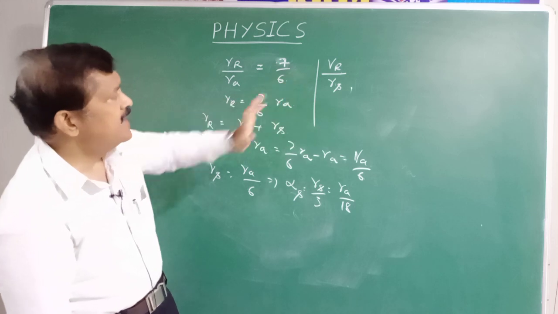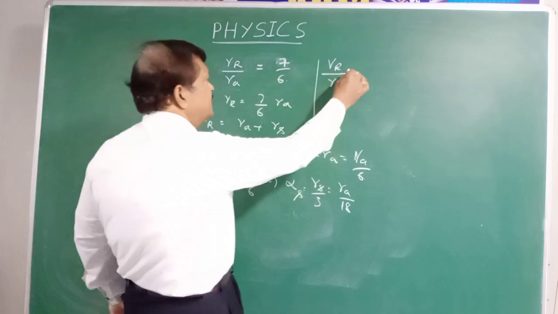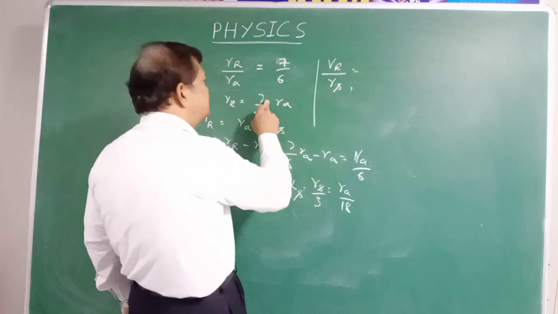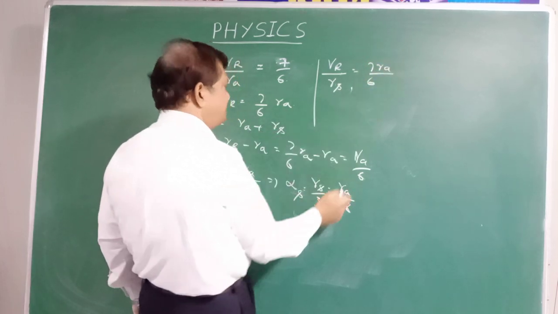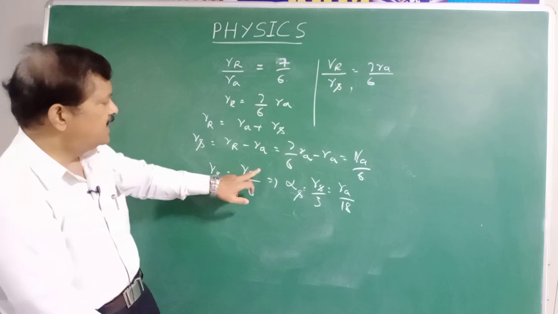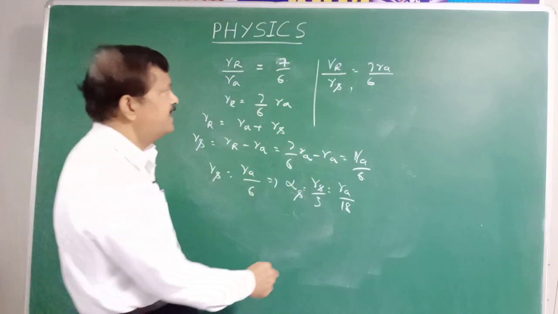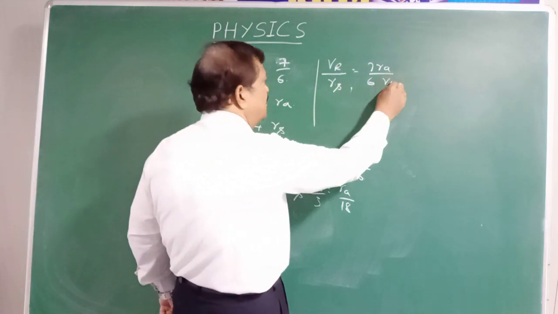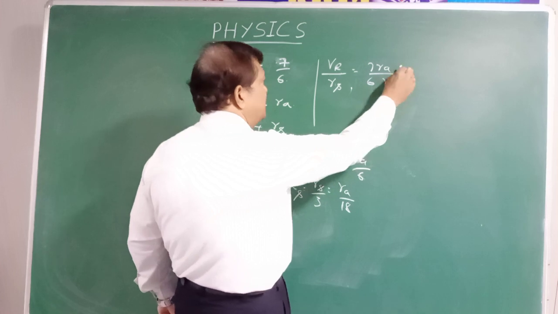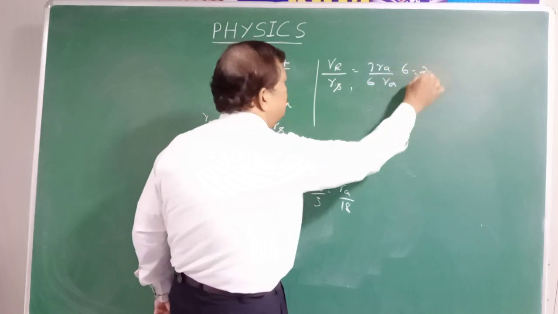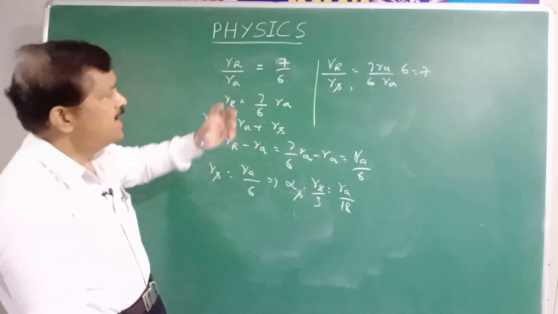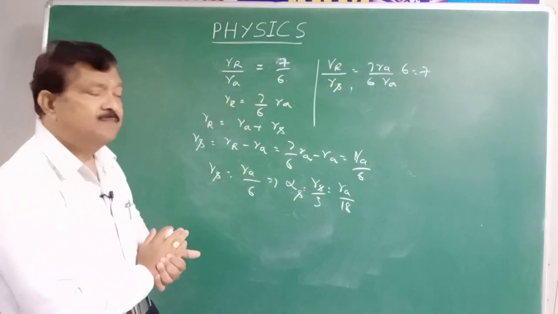Let us substitute. In terms of gamma A, gamma R is 7 gamma A by 6, and gamma S we got as gamma A by 6 here. So gamma of the solid is the coefficient of apparent expansion divided by 6. So this ratio becomes equal to 7. Gamma R by gamma S is equal to 7.